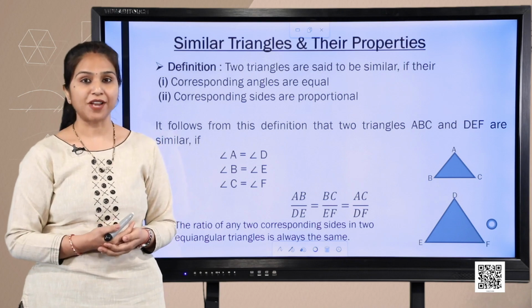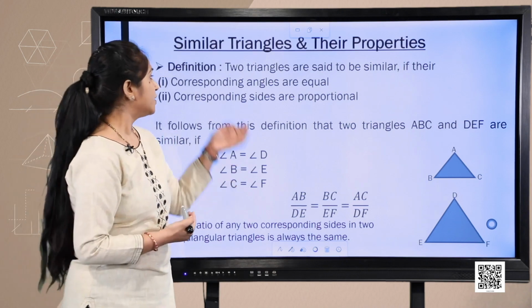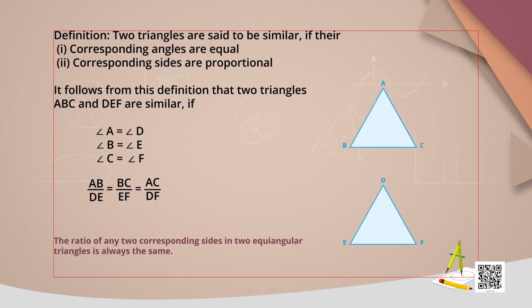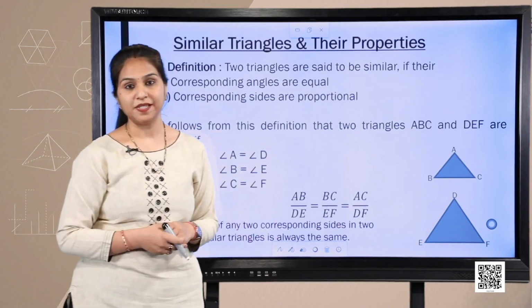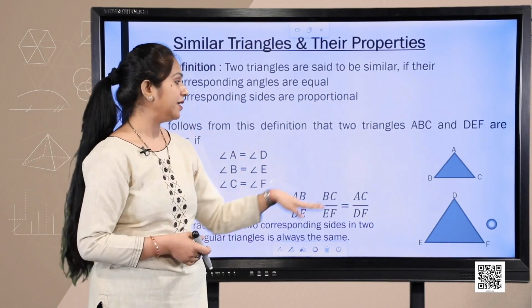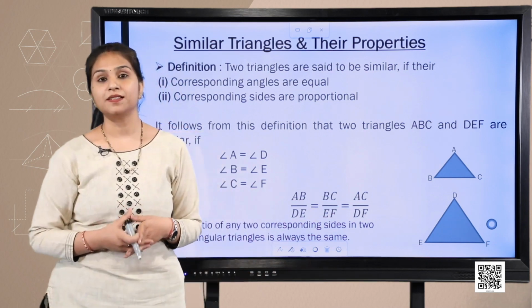So when two triangles are similar, children, in that case again the corresponding angles of the two triangles are equal and their corresponding sides are in proportion. You can see we have triangle ABC and triangle DEF, and these two triangles are similar.